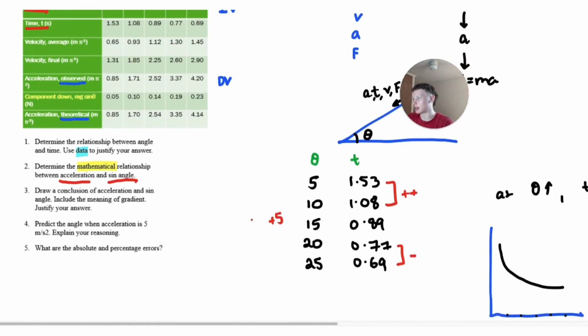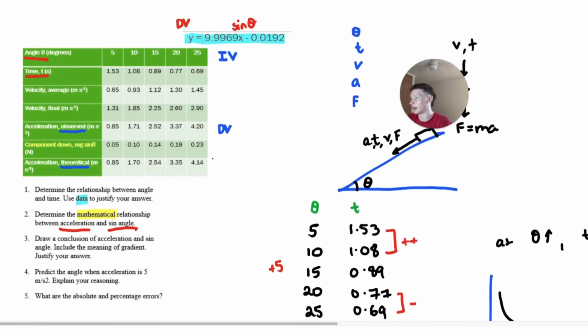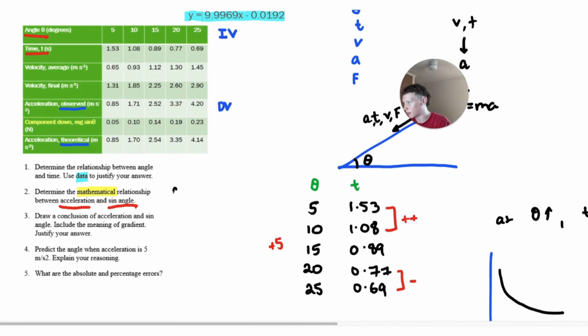In which case, the mathematical relationship would be that acceleration equals 9.9969 sine of theta minus 0.012. That would be how I interpret the question without any other contextual information.